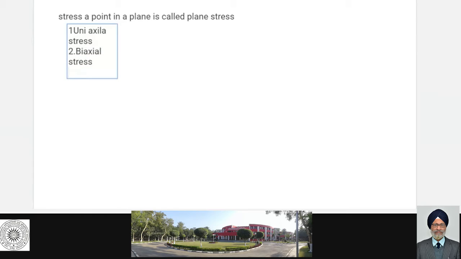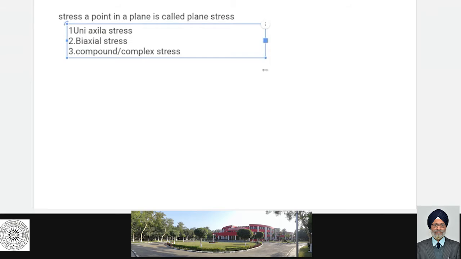And third is complex stress or compound stress. Okay, so we can divide this into the three parts.